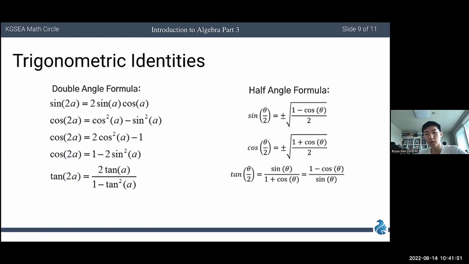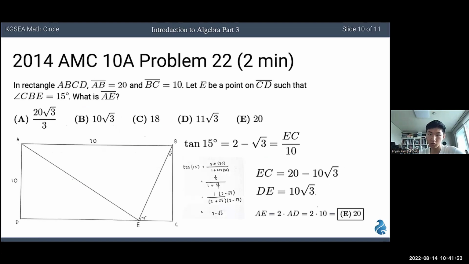Okay, now that we're done with the identities, we'll move on to the 2014 AMC10A problem 22.